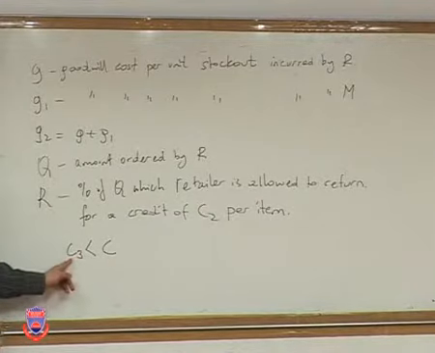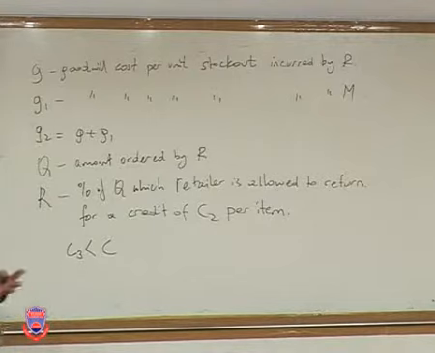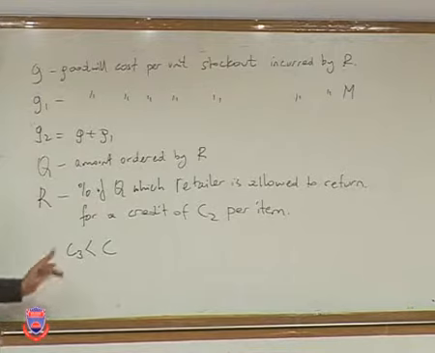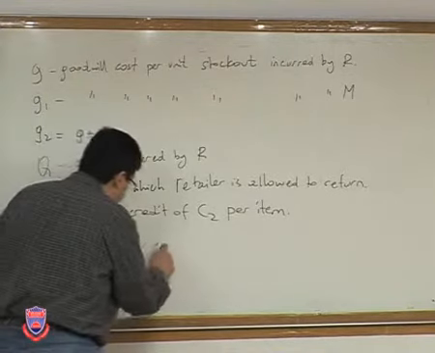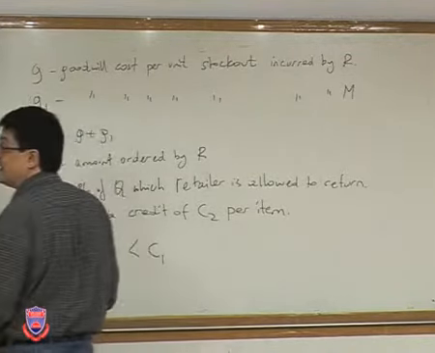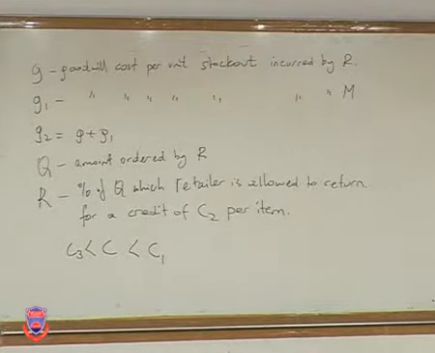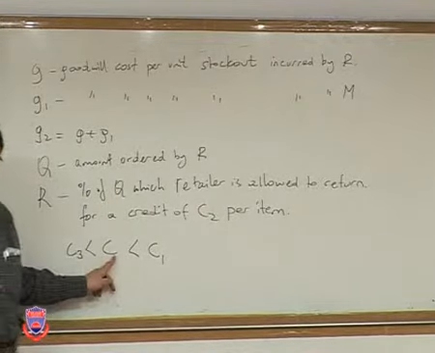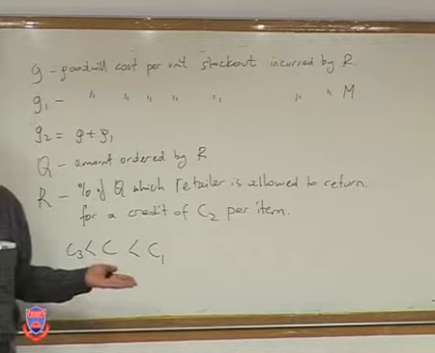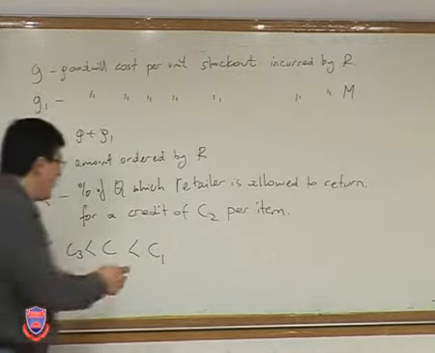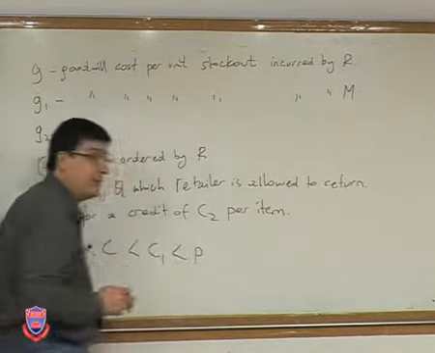Of course, the unit cost should be greater than the salvage value. Otherwise, what is the temptation? The manufacturer is going to manufacture indefinitely. And then, of course, this is going to be less than C1. Otherwise, if C1 is not greater than C, the manufacturer is not going to make any profit. And of course, we expect this to be less than P.